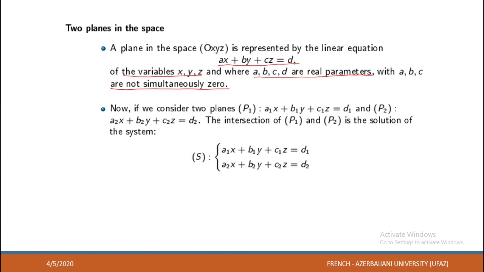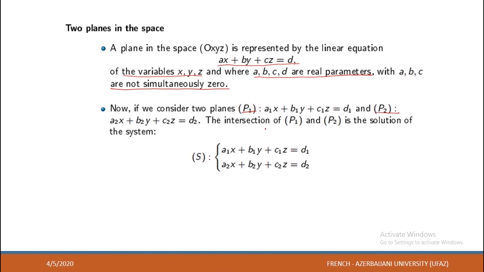Let's consider two planes, P1 and P2. Here P1 is given by this equation, P2 is given by this one. From geometry, we know that two planes have three situations. They are either parallel, or the same, or intersect along a straight line. In order to define the intersection of these planes, we solve the system of these linear equations.